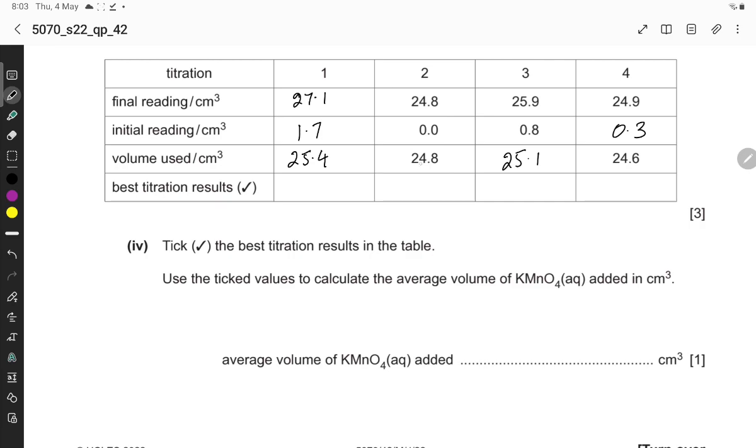Reading 2 and reading 4 differ by 0.2, while 25.1 and 25.3 differ by 0.3. So we must take 24.8 and 24.6, whose difference is 0.2.